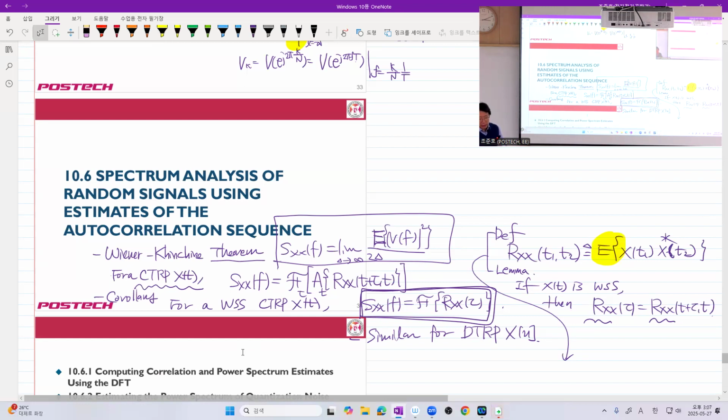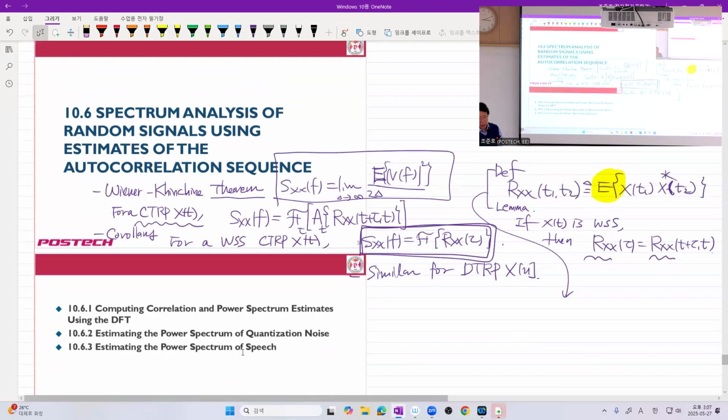And the details depend on your application, and I have no time to talk about almost every part of it. Actually, I remember when I first came here as a postdoc around 20 years ago, there was a graduate course teaching spectrum estimation. I hope the course is still being given.